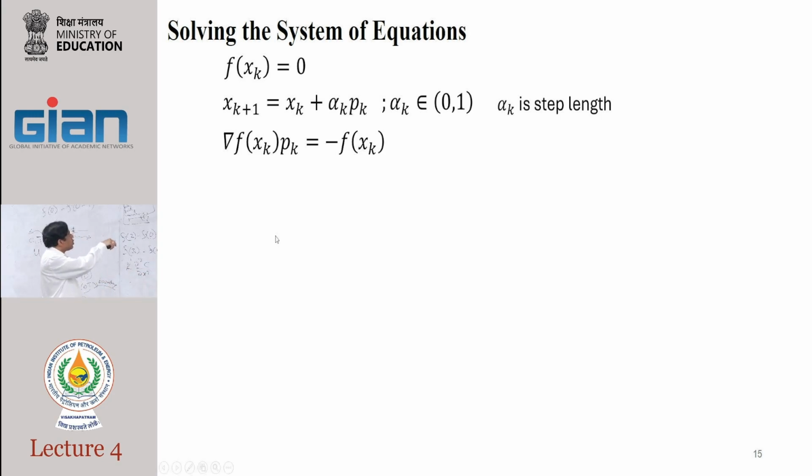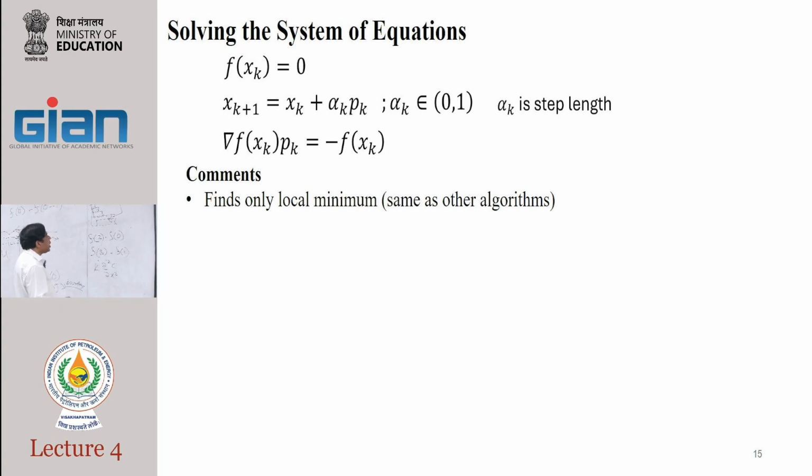So how do they work? x_{k+1} is equal to x_k plus alpha_k p_k, and then we say the gradient of f of x_k times p_k is equal to minus f of x_k. Now, don't get confused, these are all great solvers, but we can only find the local minima here. If you have multiple minima, you have to use some of the global solvers, and we can talk about that more. But with these solvers, it will only find the local minima.